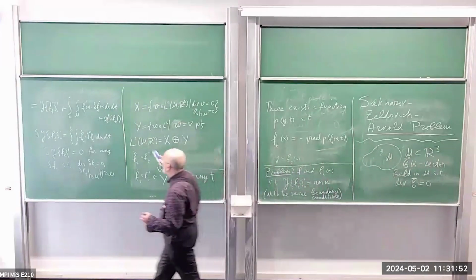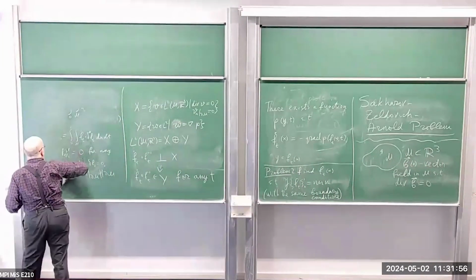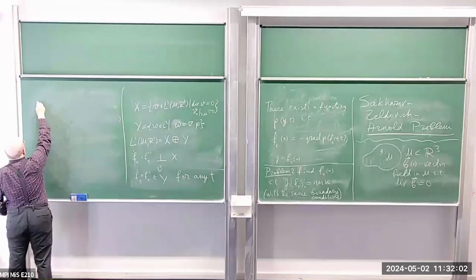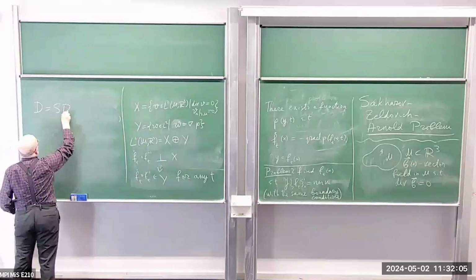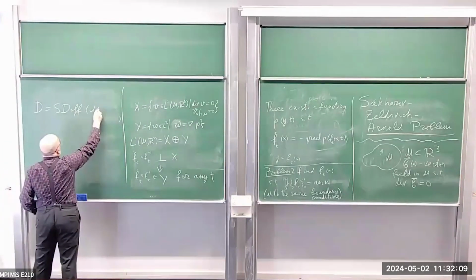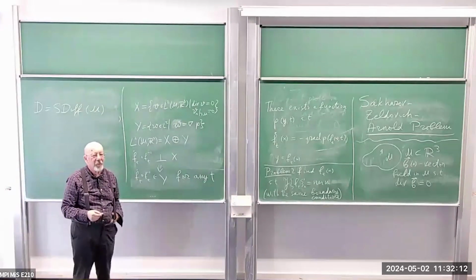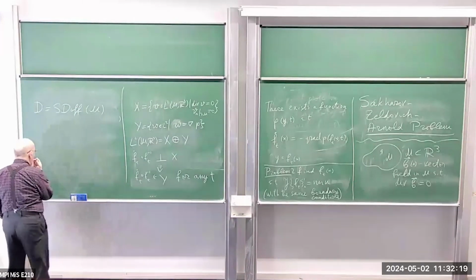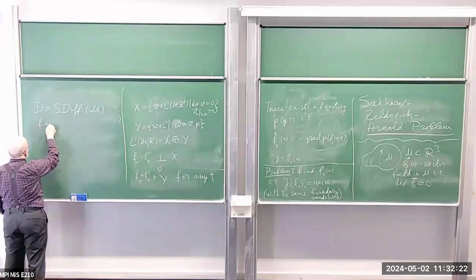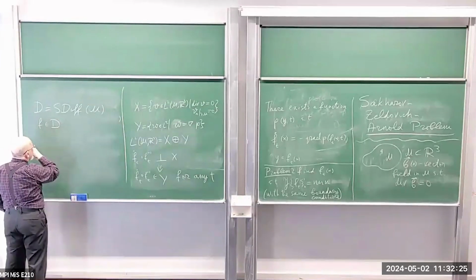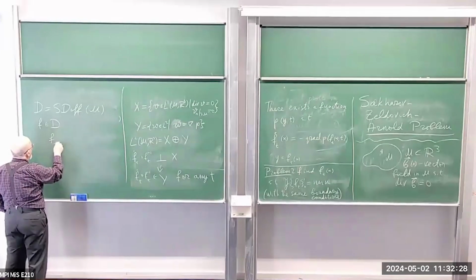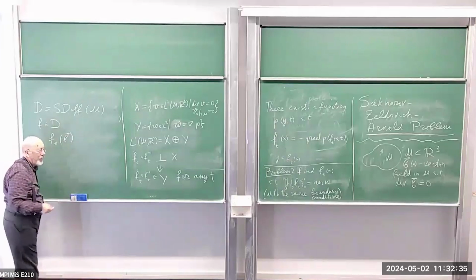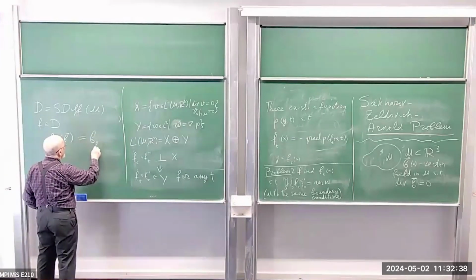Now, again, consider the group G of volume-preserving diffeomorphisms of this domain M. And if F is in G, consider the vector field push-forward of B. We'll say B_F.